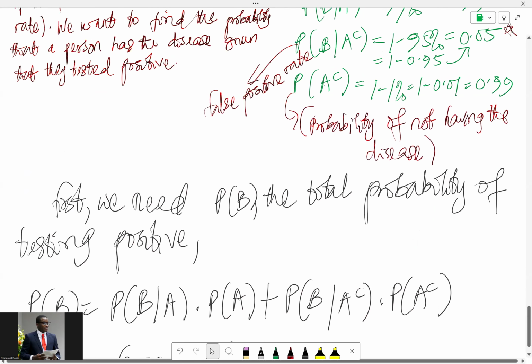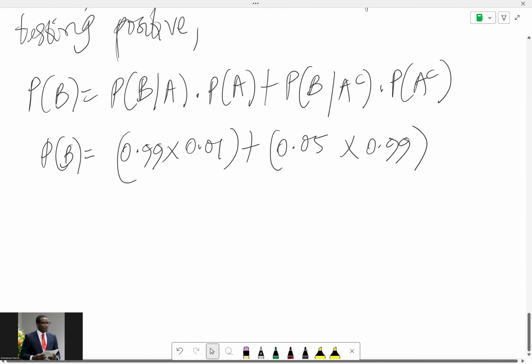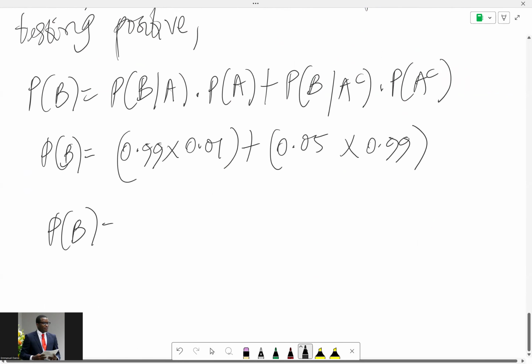So that is 0.05 times the probability that the person does not have it, which is 0.99. So 99 times 1 is 99, with 4 decimal places altogether, so we have 0.0099 plus 0.05 times 0.99. So that is whatever we get there.